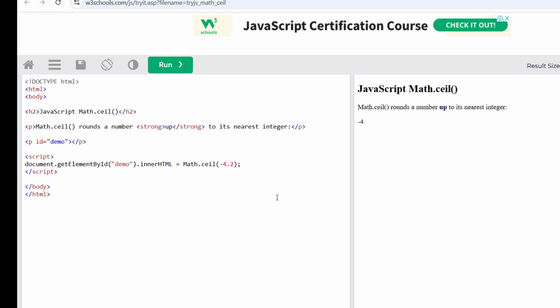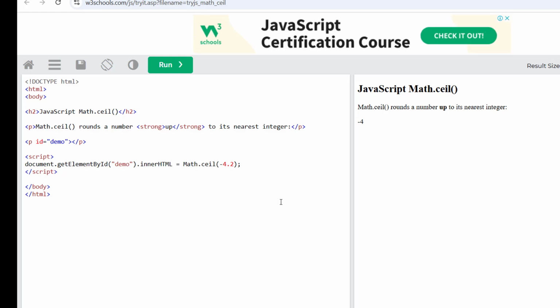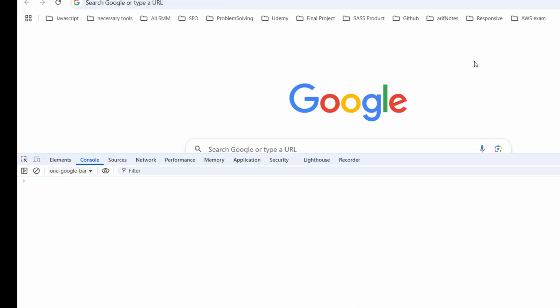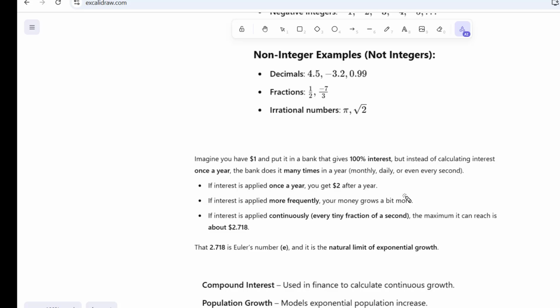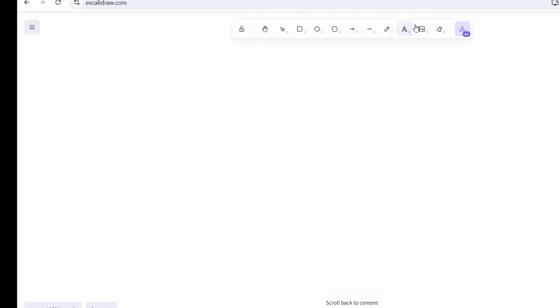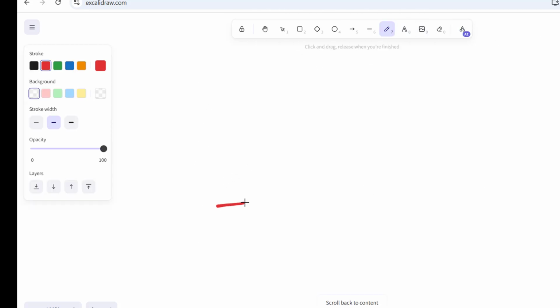So it's minus 4, upwards. Can you tell me, write down in the comment, is minus 4 greater or is minus 4.2 greater? Which one is greater?